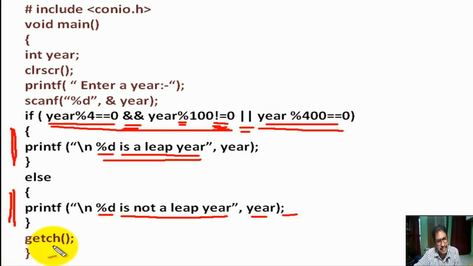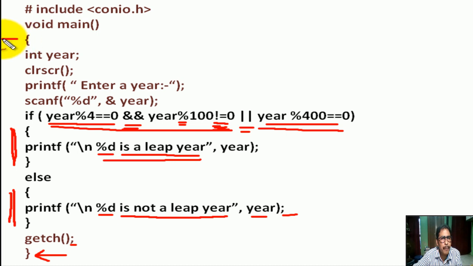Next, we write getch function, semicolon. The getch function is used to hold the output on the screen. Then this is the main block end.